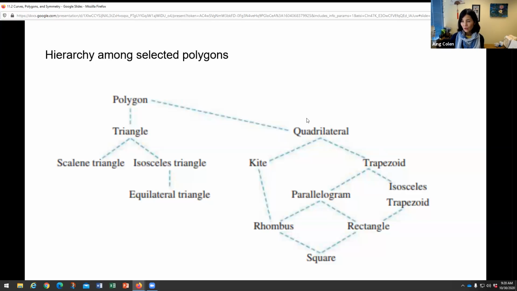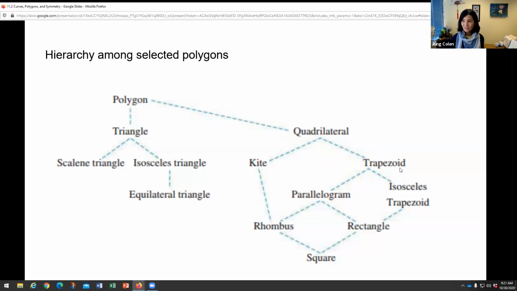For quadrilaterals, there's a kite and trapezoid. How do we classify these two? Kite, you need to have adjacent sides that are congruent. So there are two pairs of adjacent sides that are congruent. That is a kite.